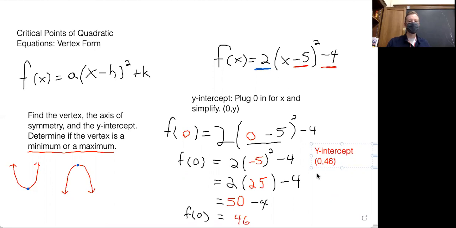So our y-intercept comes from the two numbers we just were working with, the 0 that we plugged in, and this first number will always be 0. The y-intercept will always have a 0 for the x value. And then the number that we get as the result, in this case, was 46. So the y value here is 46.